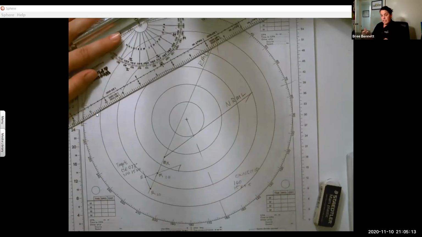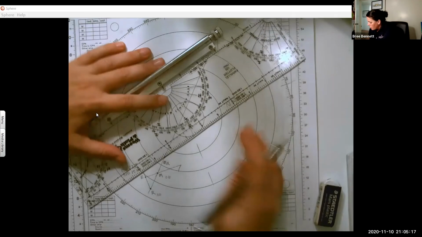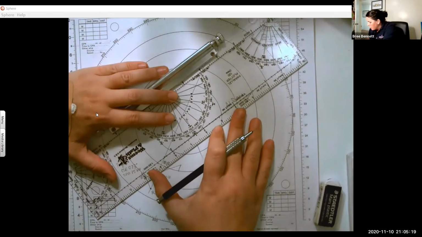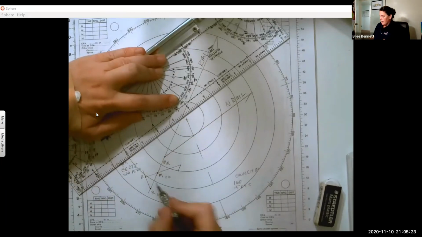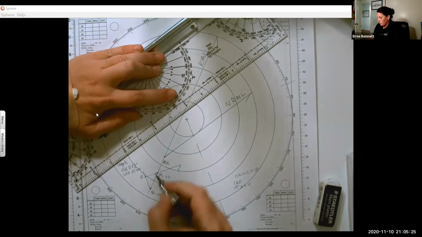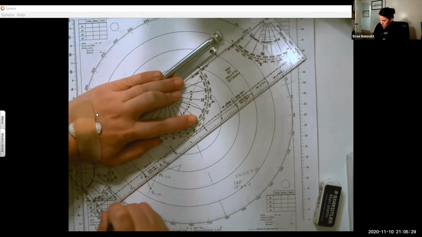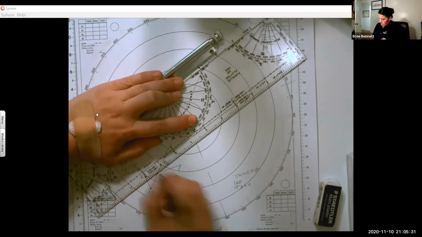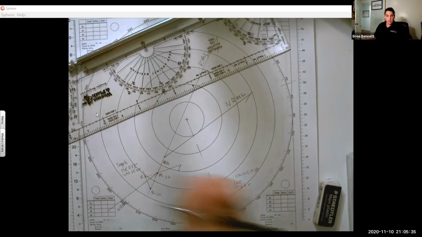So now to find out what my new course or my new speed is, I'm going to parallel that new relative motion line back to the M in my triangle. So I start on my M, and I have my new relative motion line.